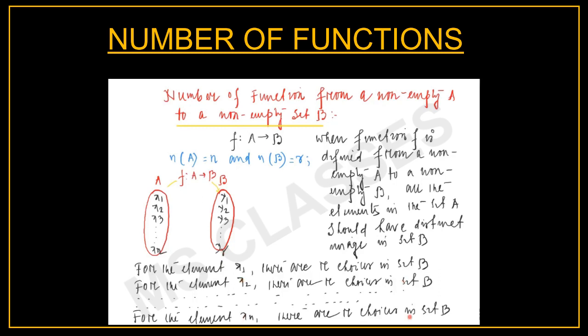Now, what is the main thing here? All the elements, not a single element or two elements or five elements, all the elements in the set A should be mapped to the elements of the set B. So all this operation should be done.